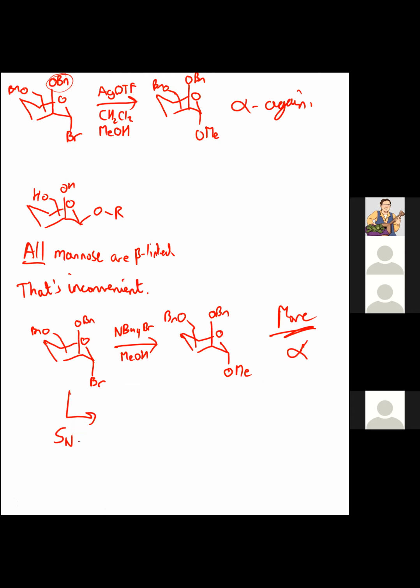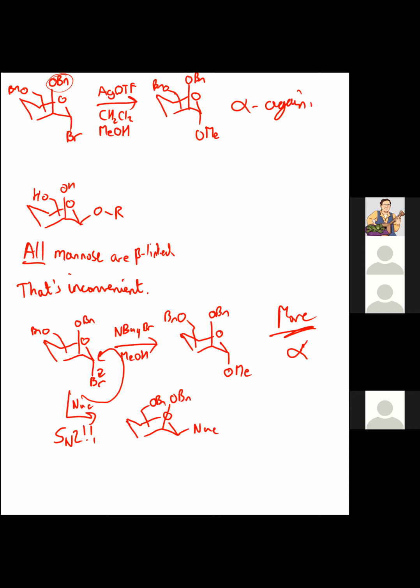If we can do an SN2, then we know we get inversion of configuration. So if we can do that, then we can get the beta. And then we can celebrate in a 1970s style with a jellied salad.